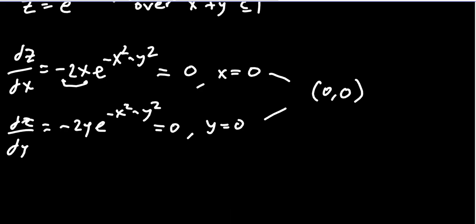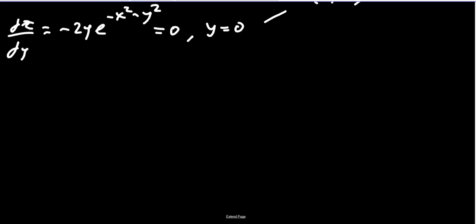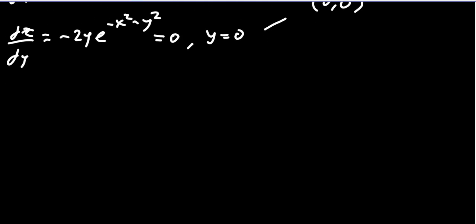So to classify what this critical point exactly is, we have to look at the matrix of second partial derivatives. You should have this in your notes.